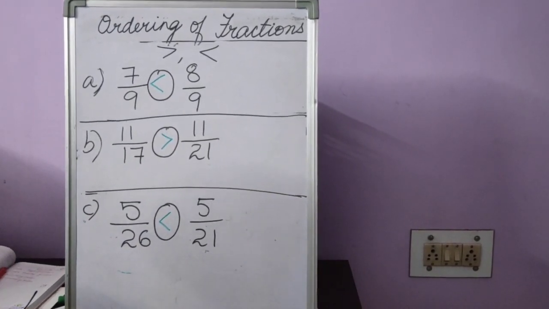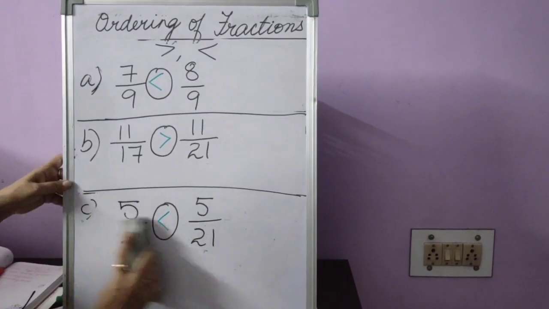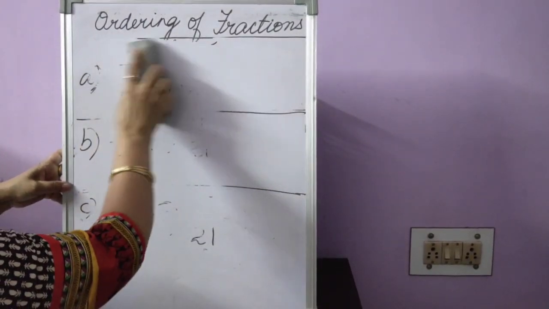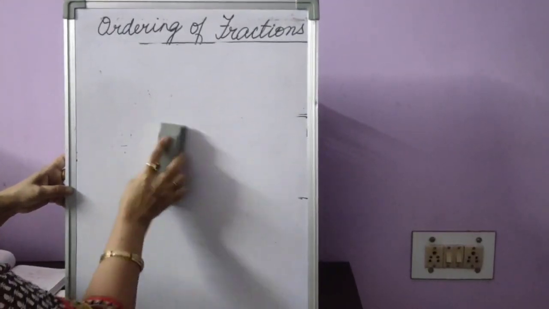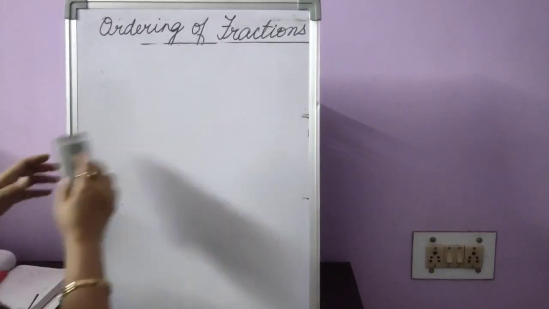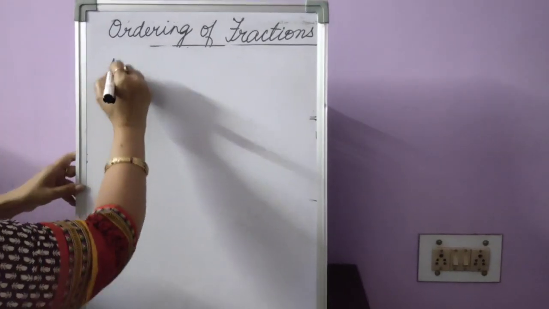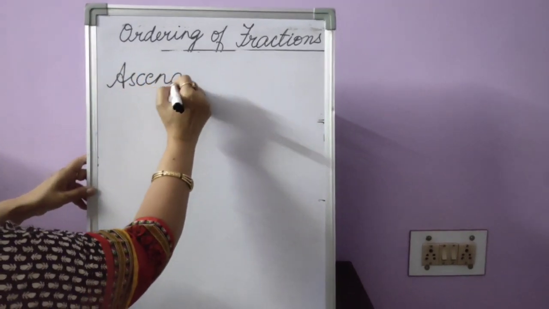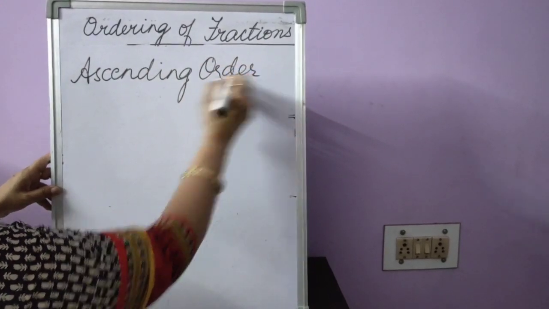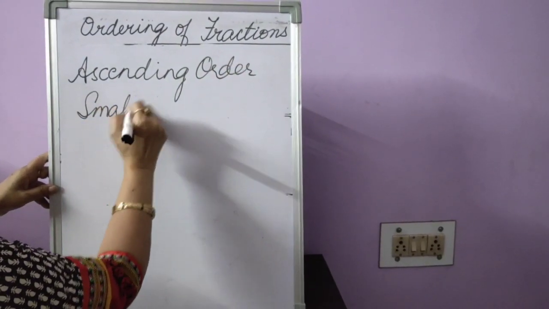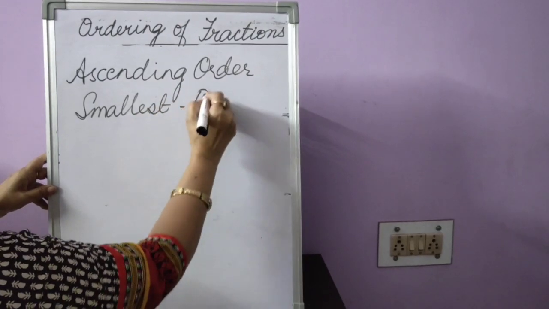And the same rule, children, you will apply when we have 3 fractions and we have to arrange them in ascending order or in the descending order. Suppose you have to arrange in the ascending order. Ascending order is from smallest to biggest.